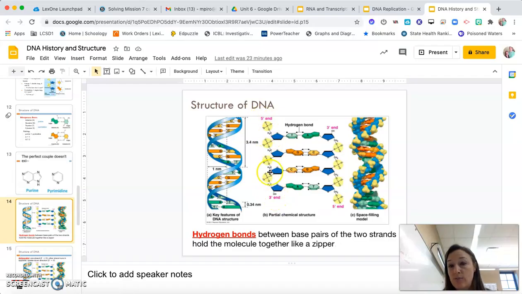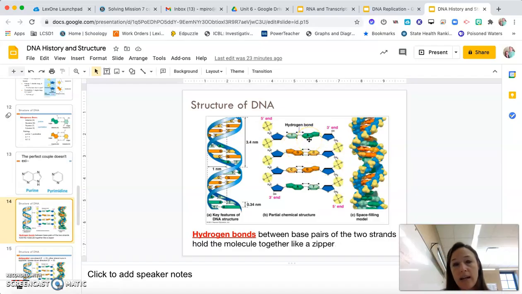So that's running, you could say right side up. That means this one's going to run upside down. 5' down here, 3' up here. So you're always going to have a 5' across from a 3' and a 3' across from a 5'. It's just the way it has to work out in order for it to be spaced and set up correctly. If you flipped it the other way, the bases would be on this side, and so they wouldn't bond. So that has to be upside down, so the bases are in the middle.